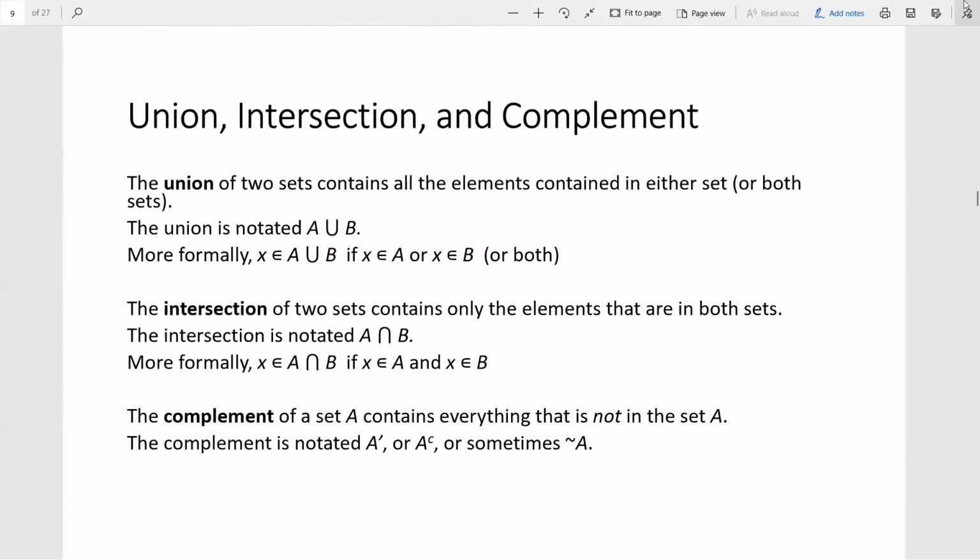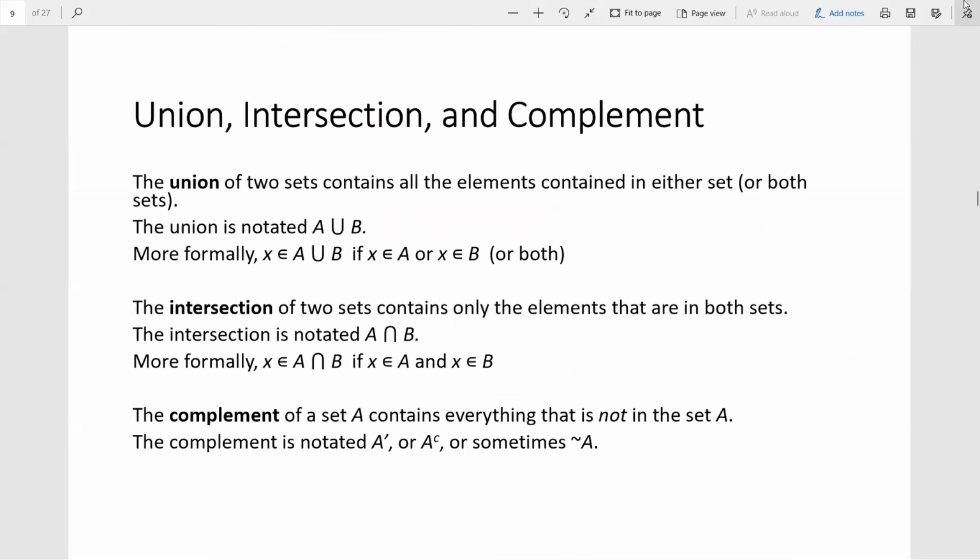Now we've got some more definitions: union, intersection, and complement. The union of two sets contains all the elements contained in either set or both sets. Basically, you're taking all the elements in both sets and putting them together in one set.